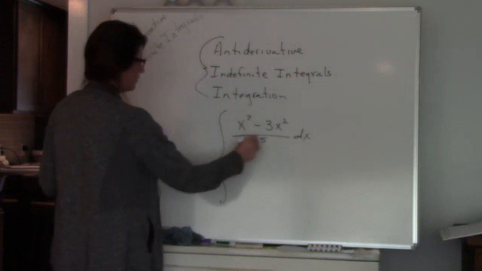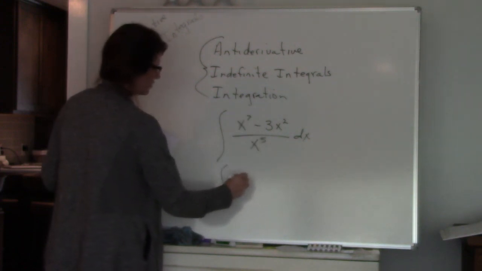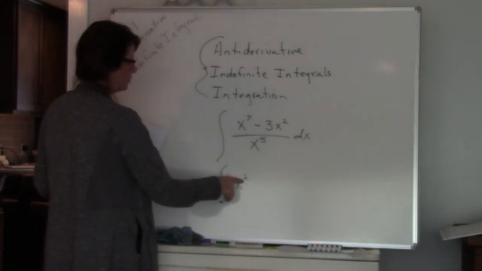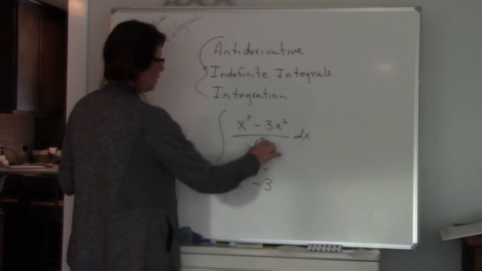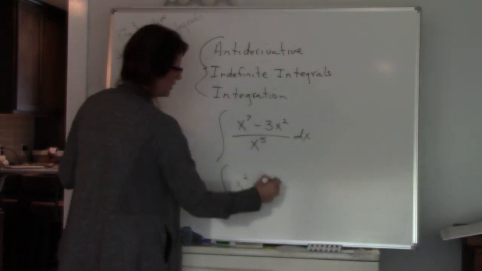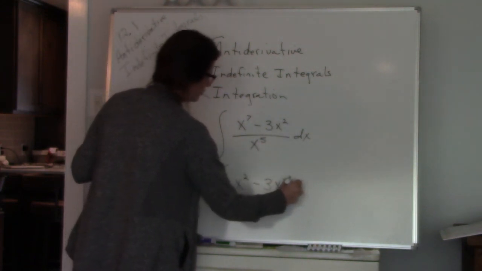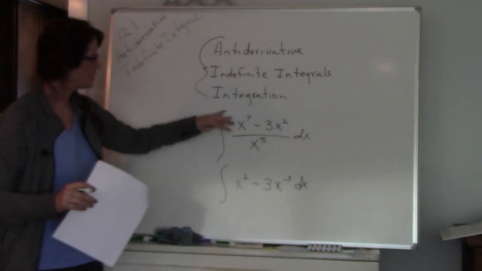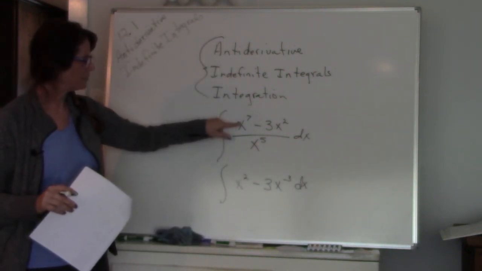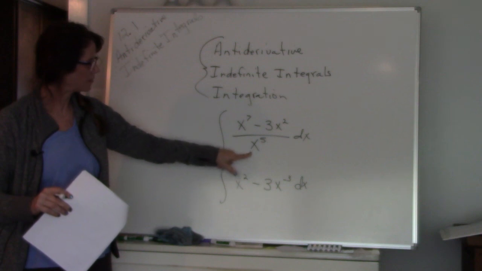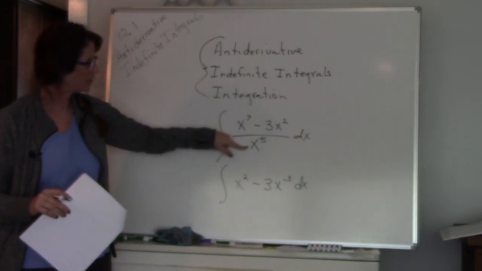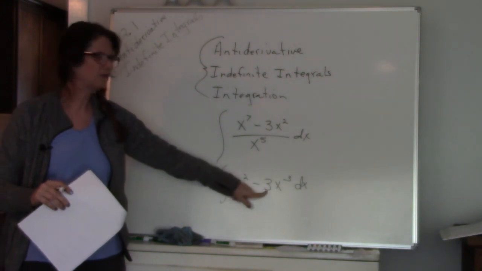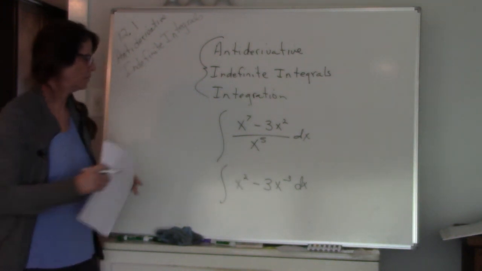So x to the 7th divided by x to the 5th is x squared, because 7 minus 5 is 2, minus 3. 2 minus 5 is negative 3, so x to the negative 3rd dx. So all I've done is I've simplified this. I've divided x to the 7th divided by x to the 5th, I get x squared. Negative 3x squared divided by x to the 5th, I get negative 3x to the negative 3rd.